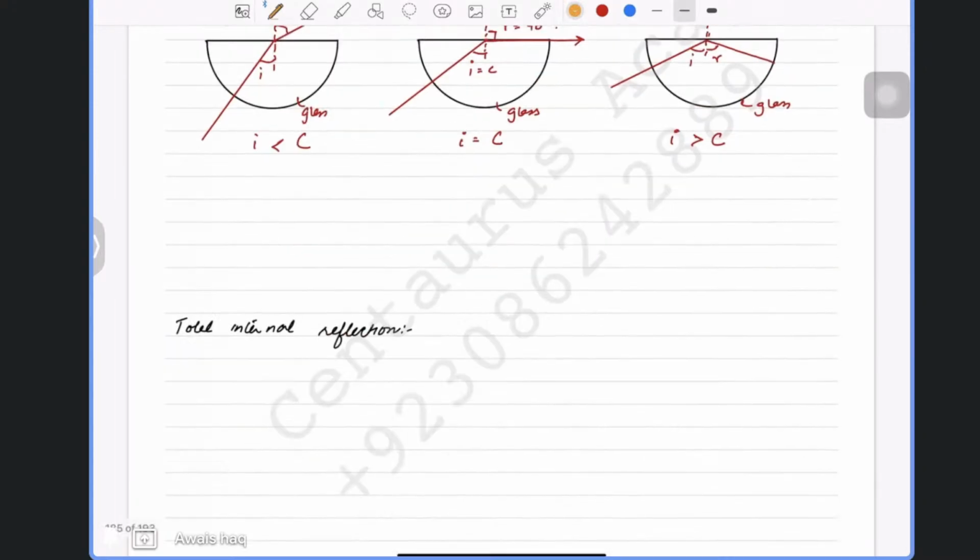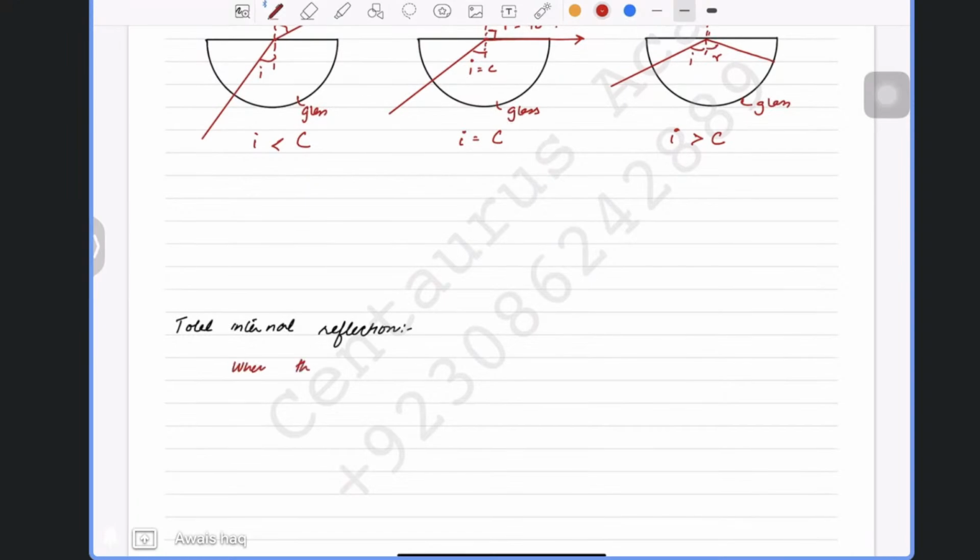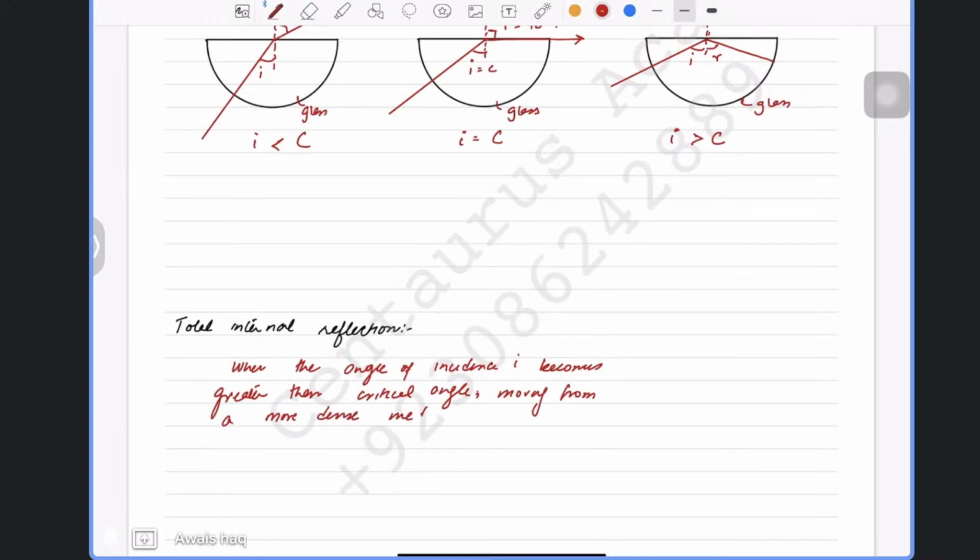Now, total internal reflection is basically a phenomenon best known as, let me write it down, that when the angle of incidence I becomes greater than the critical angle, moving from a more dense medium to less dense, and that's very important, right?